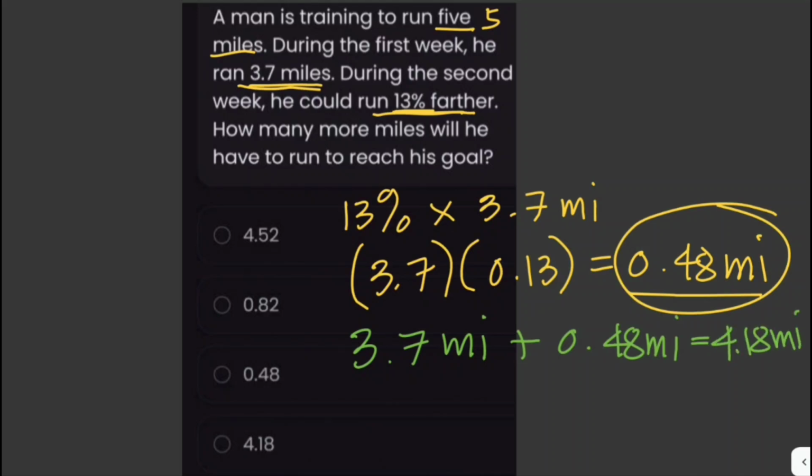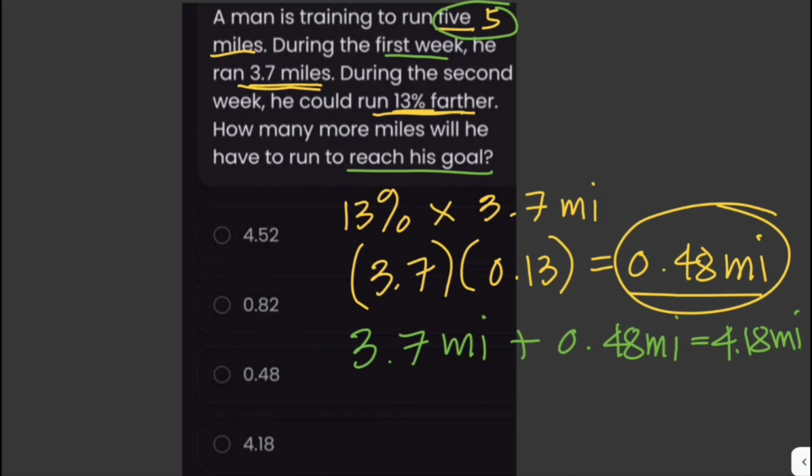And then what is asked here is, how many more miles will he have to run to reach his goal? So his original goal is 5 miles, and he already ran 3.7 miles during the first week, and the second week he ran 0.48 mile, which is 13% farther than 3.7 miles.